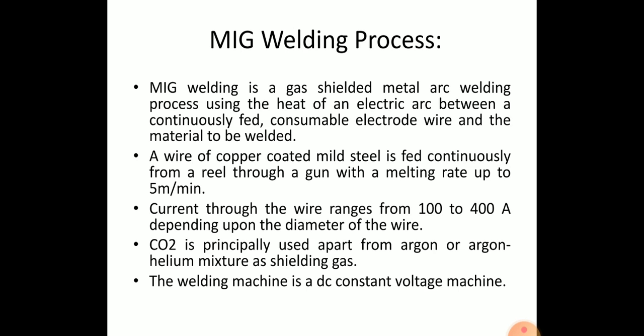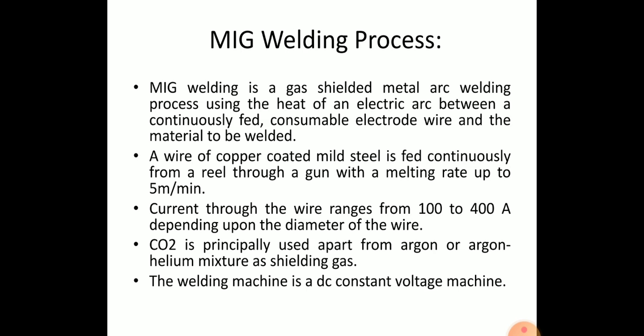MIG welding process. MIG welding is a gas shielded metal arc welding process using the heat of the electric arc between a continuously fed consumable electrode wire and the material to be welded. A wire of copper coated mild steel is fed continuously from the reel through a gun at a melting rate up to 5 mm per minute.